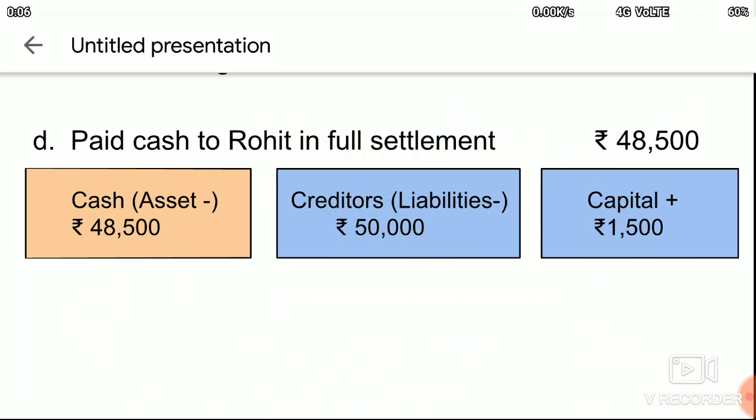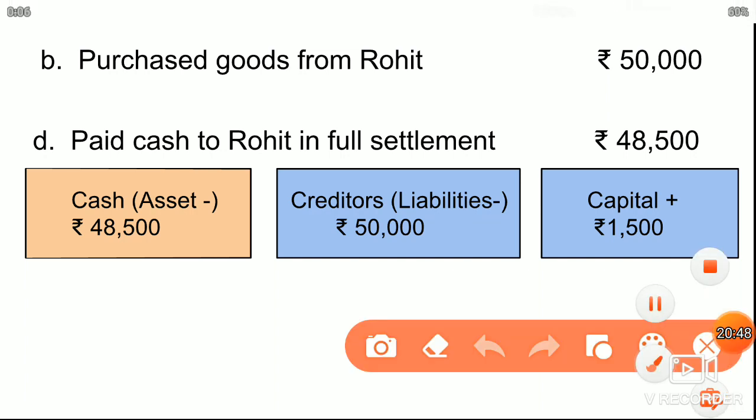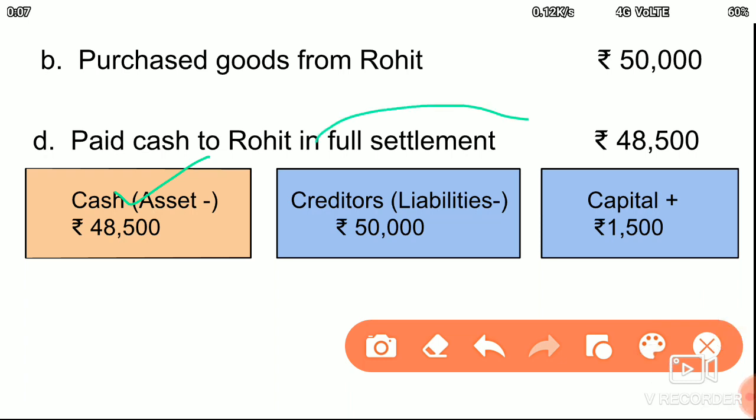Here the account is fully settled, so cash will decrease by 48,500. Creditors, because the account is fully settled, we will decrease the full amount as no more balance is left to be paid to the creditors, so it will decrease by 50,000 rupees. And there is a benefit here as a cash discount, so the capital will increase by 1,500 rupees.